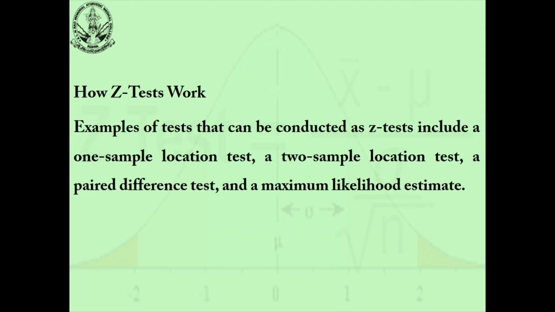If the standard deviation of the population is unknown, then an assumption is made that the sample variance equals the population variance.